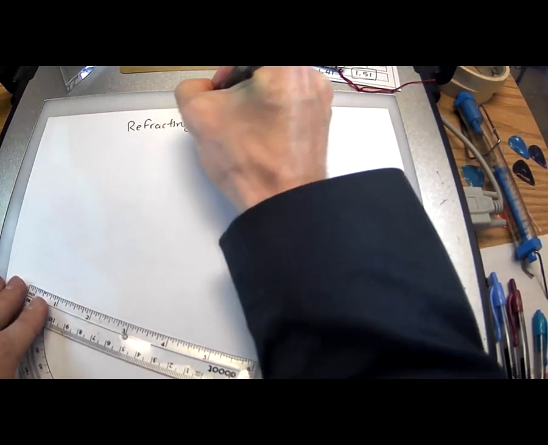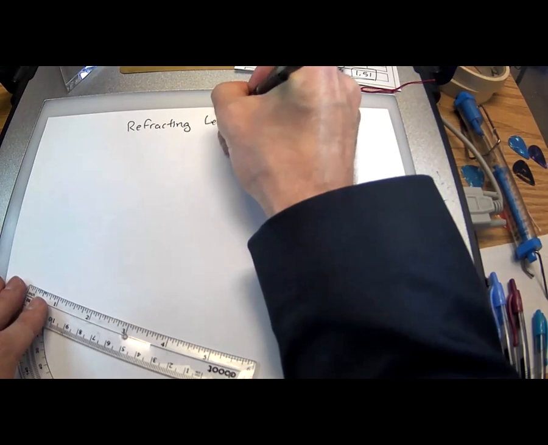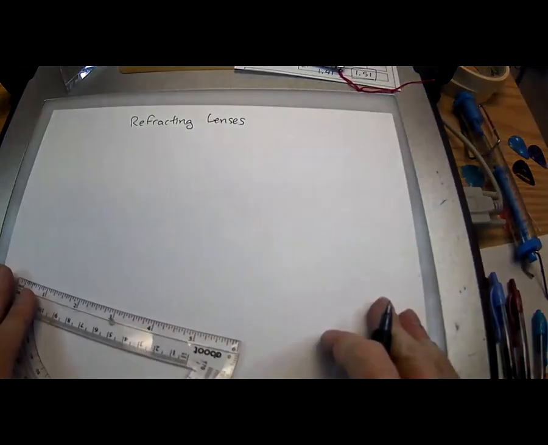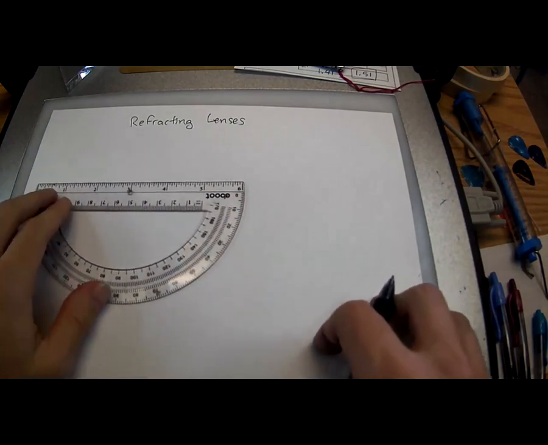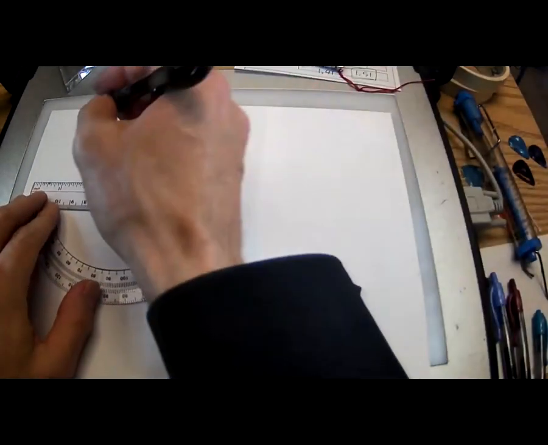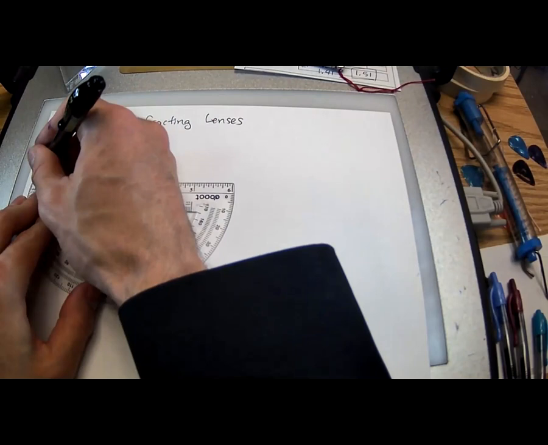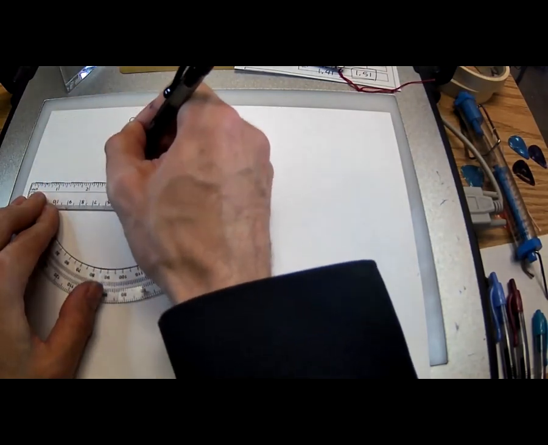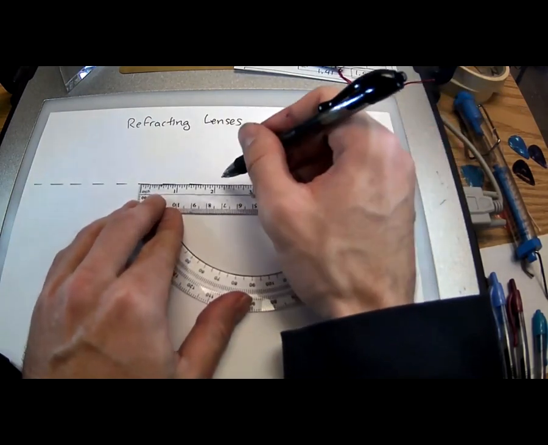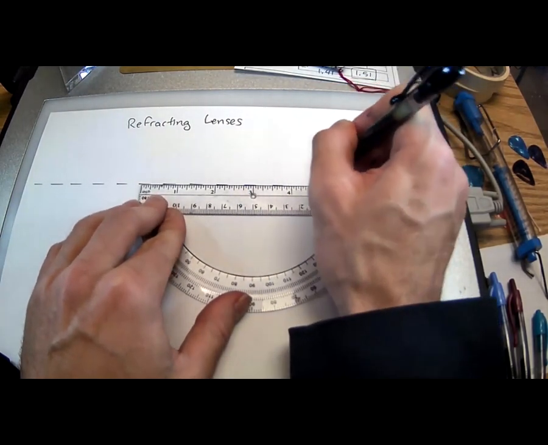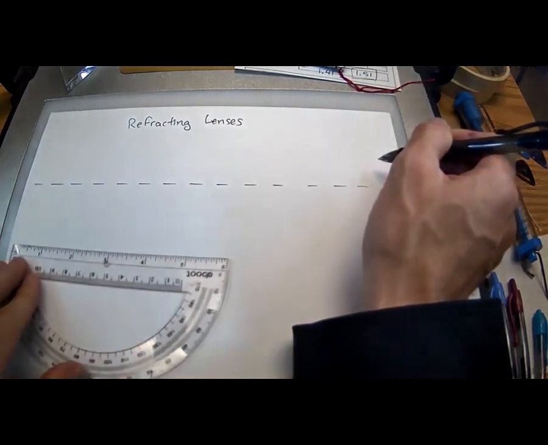Refracting lenses. I want to make some ray diagrams. You remember we did ray diagrams for mirrors, like concave and convex mirrors. Now we're going to do lenses, where the light actually passes through. This is going to be the foundation of technology like wearing glasses or contacts.